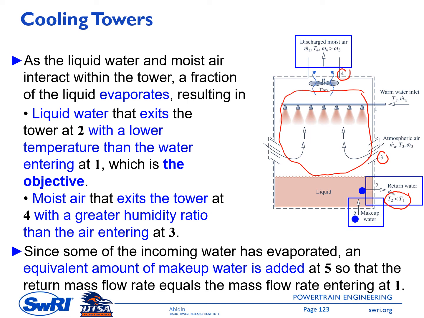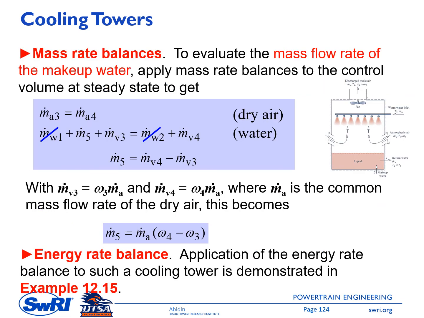Since some of the incoming water has evaporated, an equivalent amount of makeup water is added at 5 here, so that the return mass flow rate equals the mass flow rate entering at 1. So we have makeup water here, so that m dot 2 equals m dot 1. And this is the mass rate balance.